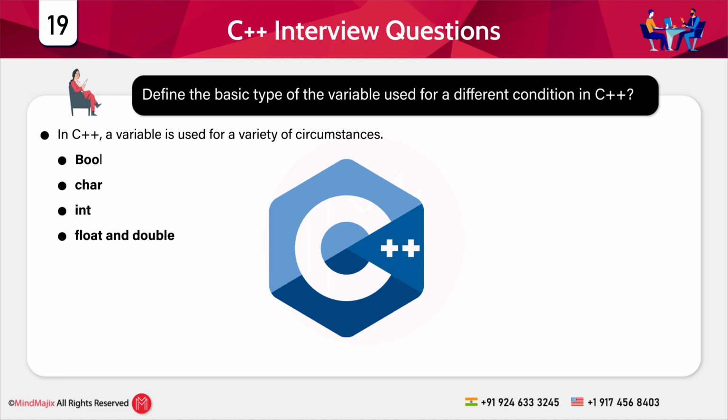Characters store character kinds, like all of the characters from A to Z. With integer, you have variables with integral values like 0 to n. And with float and double, you have variables with large and floating point values.